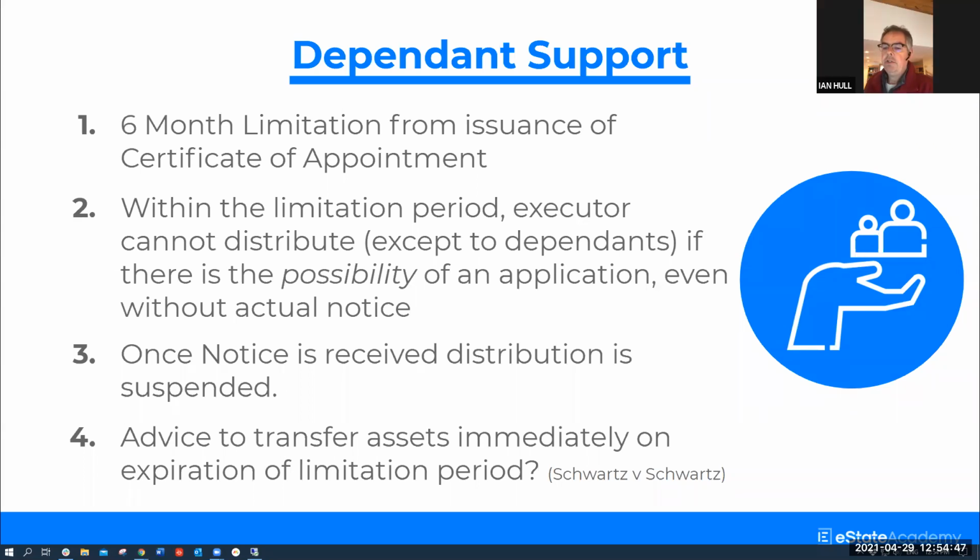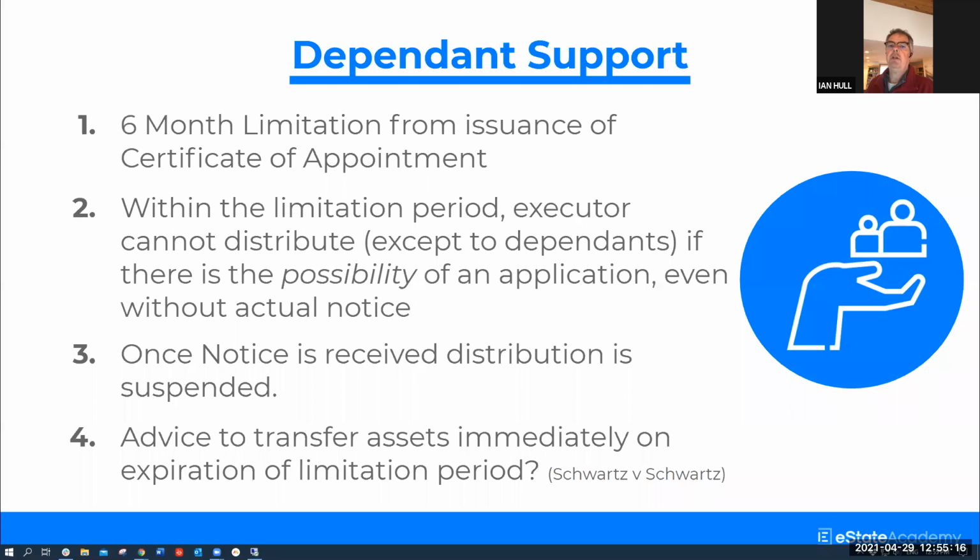Sure. Now, just in terms of the suspension, it suspends to the extent of the assets required to fulfill the claim, so to speak. So if you have a large estate and lots of money, you can always continue to distribute in the face of an order in that sense. But, and we're getting a bit technical, from a strategic standpoint, I have certainly had files where we have distributed all of the assets out of the estate 6 months and a day later.